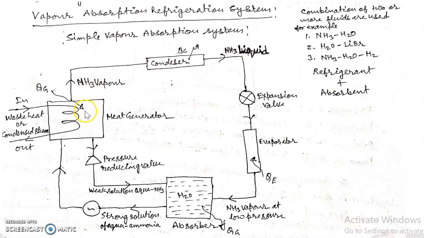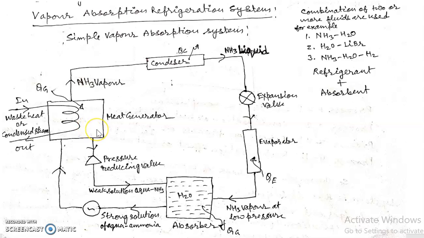Whereas in this heat generator, since vapor refrigerants are separated out, what remains is the liquid solution of ammonia and water. This is called the weak solution of aqua ammonia. It means all ammonia vapor is not separated out in the heat generator, so a small amount of ammonia may remain dissolved in H2O.